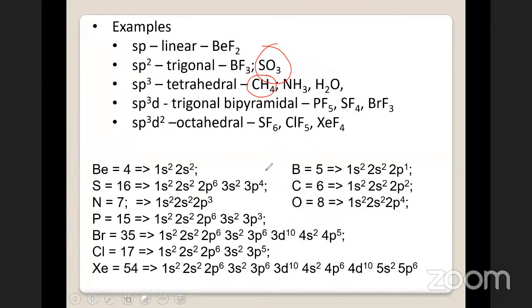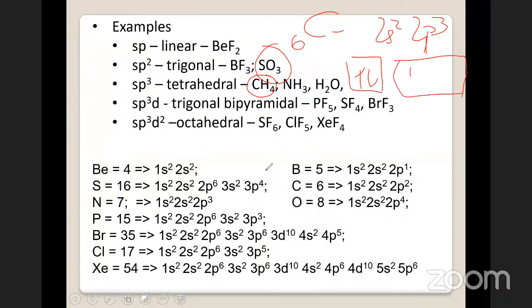But let's go to carbon in its hybridization and its shape. We have methane. Carbon is C6, which is 1s2, 2s2, 2p2. Your 1s2 is not our concern because it's not a valence shell. So we'll be looking at the outer shell. Sorry, I wrote 2p3 earlier; that's wrong.